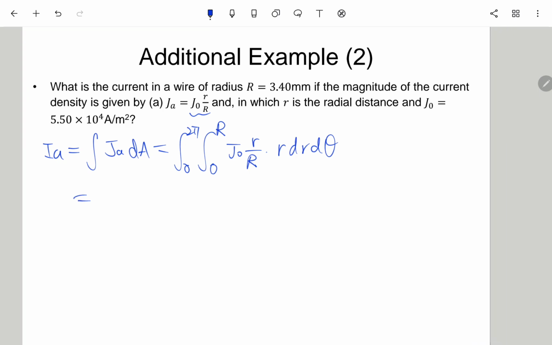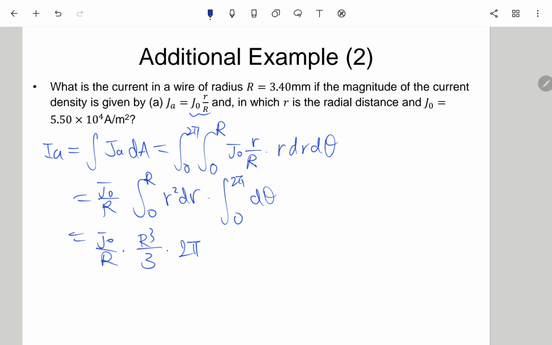So this one becomes, maybe I just put J0 over R in the front, and then we have integration of r squared dr from 0 to R, and then times integration of d theta from 0 to 2 pi. So it becomes J0 over R times R cubed over 3 times 2 pi. So it turns out to be 2 pi R squared over 3 multiplied by J0.